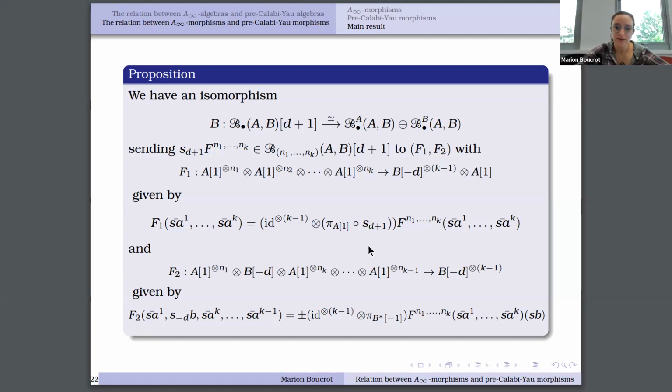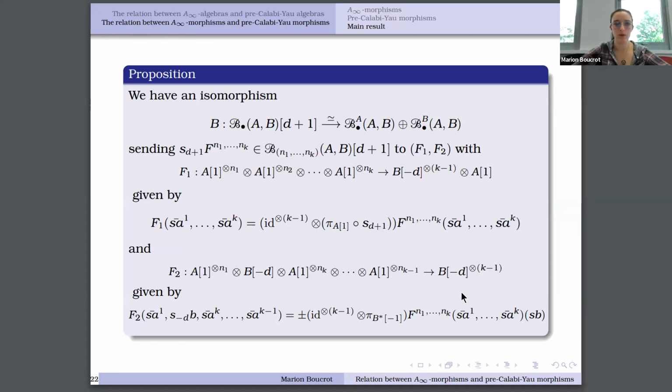And it also gives us an element of A shifted by minus D plus B star shifted by minus 1. So we take the projection to the latter, and we thus have the last element as a map from B shifted by 1 to K. So we apply this map to the element SB, and we end with an element in K. So at the end, we really have k minus 1 elements of B shifted by minus D as wanted.